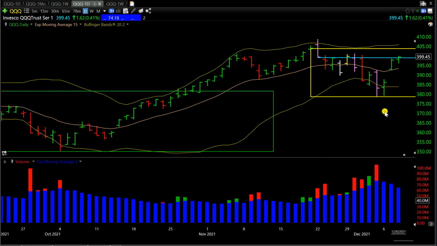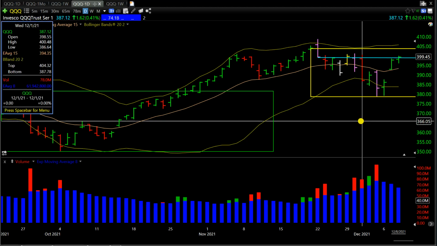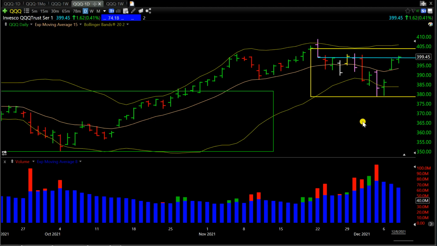Then Monday, it started turning, and now again, they're stuck. So that's how you make a market hypothesis, and then you judge the trading action against it. And when you see the divergences, that tells you that something's not quite right, and maybe you should change your point of view.